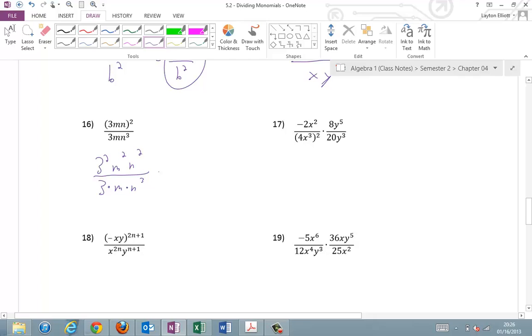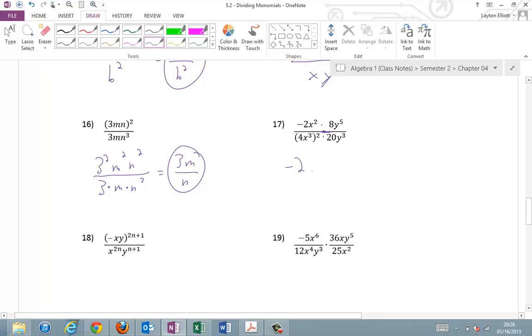So 3's cancel, 3 squared and 3, and we get a 3 in the numerator. M's cancel, leaving us an m, and n's leave us an n in the denominator. 3m over n. Number 17, we're actually multiplying fractions, which doesn't mean anything. We can actually extend the fraction bar, get rid of that dot, and put it in between the numerator and denominator. It's all the same stuff.